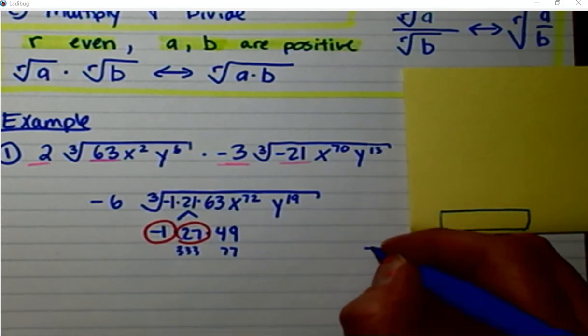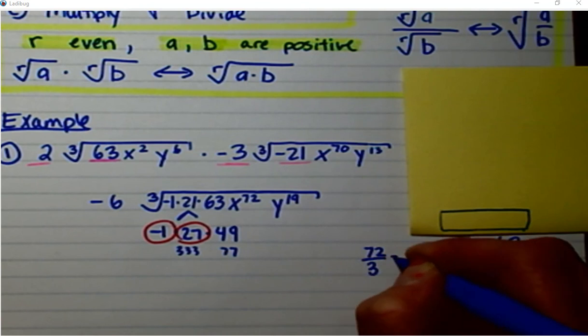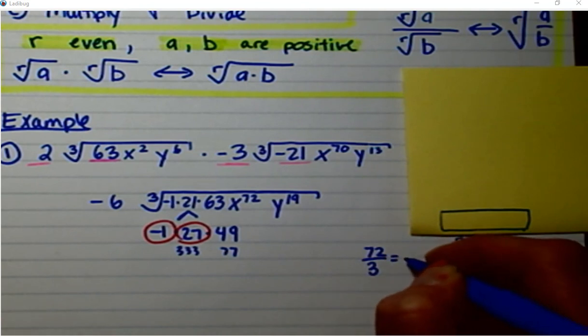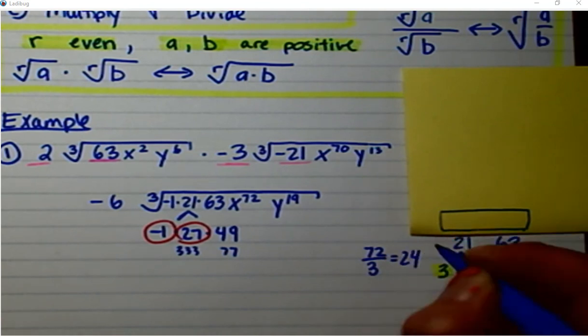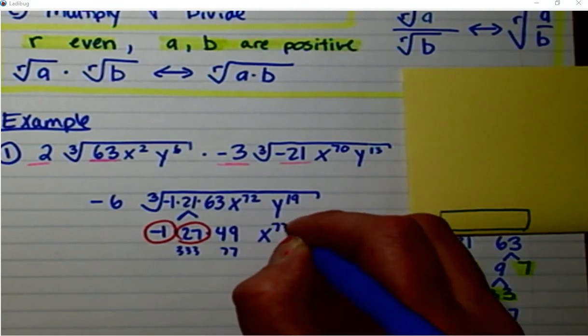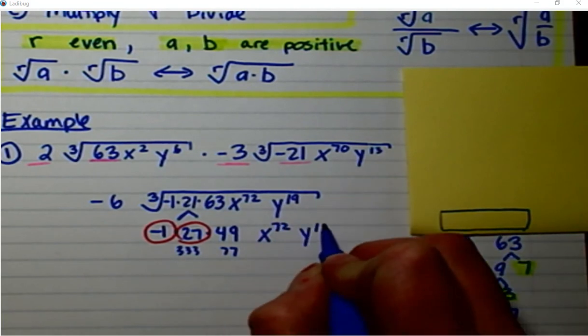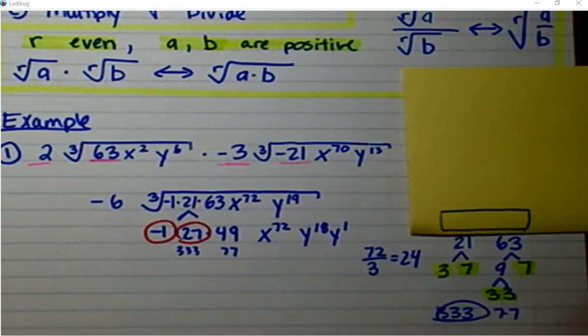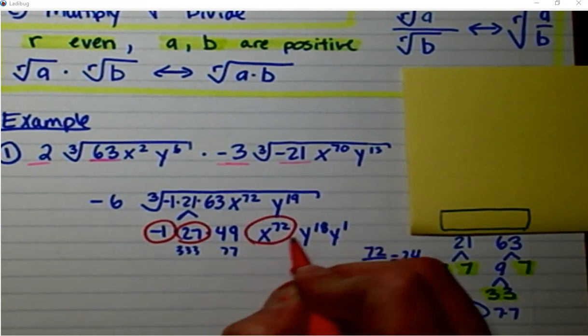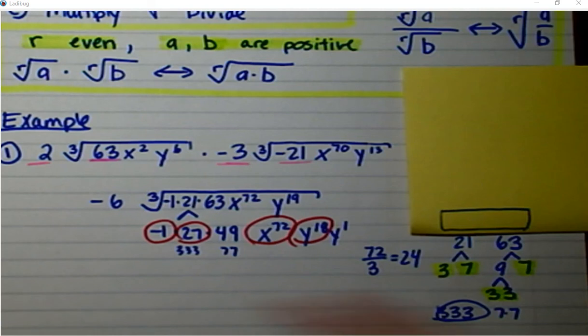So let's check: does 72 divide by 3? 24. Yes, it does. Okay. y to the 19, so that's going to be 18 and 1. All right, let's take this out.